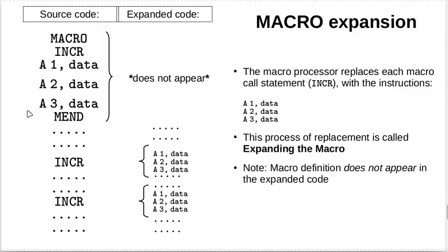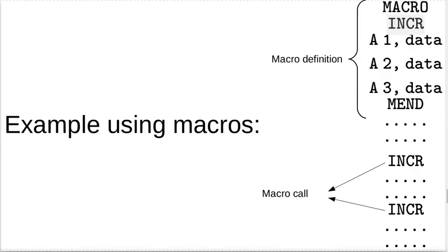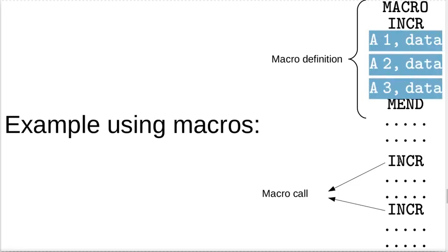So there is something called macro expansion, as we have already seen in the macro facilities, that there are three parts to a macro facility, right? There is a macro definition, which we have already understood. This is called the macro call, where we are actually using this name for indicating that the sequence of instructions is occurring in this place.